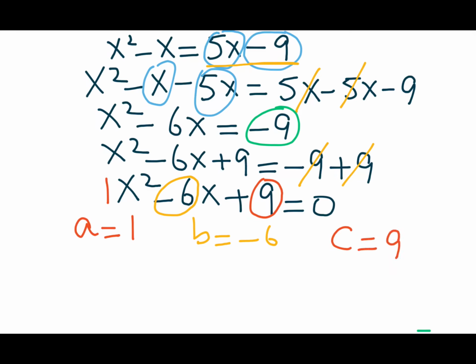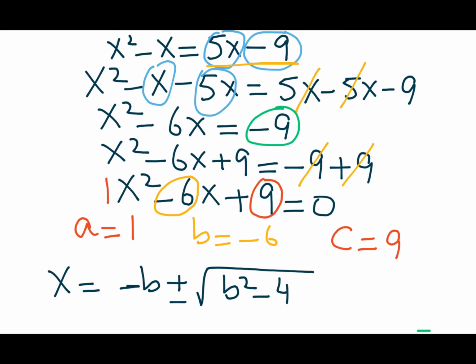So the quadratic formula is x equals minus b plus or minus the square root of b squared minus 4ac divided by 2a.